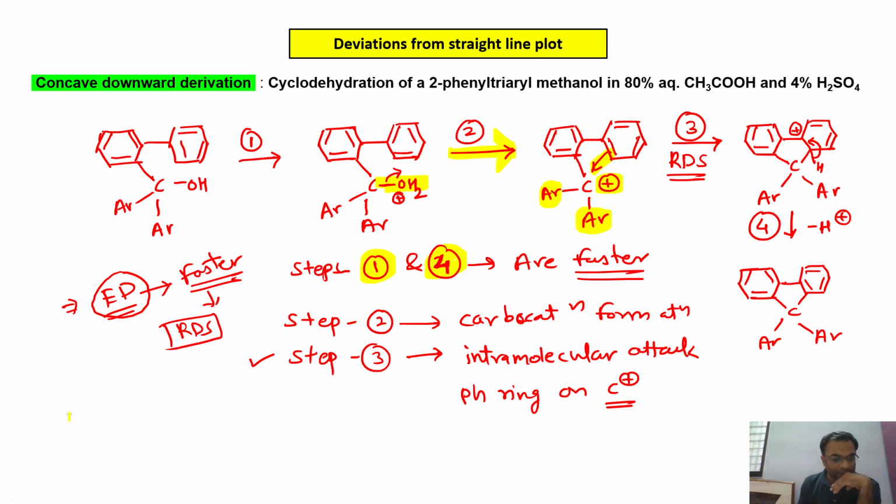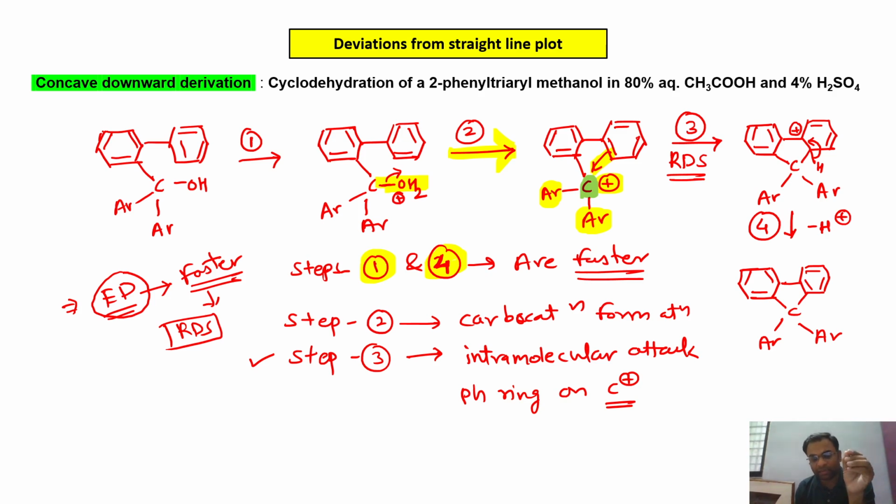Now you can see that in the rate determining step, the reaction center is this carbocation, and during the rate determining step, electron density is coming towards the reaction center.